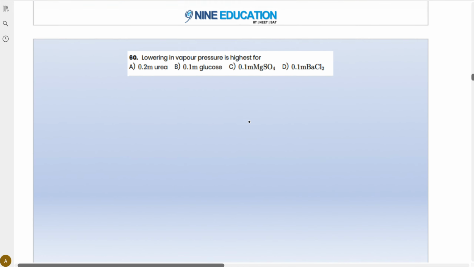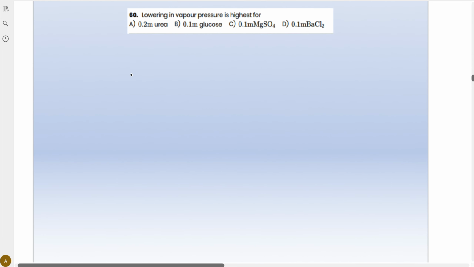Next question, see. Lowering of vapor pressure is highest for which one? Now the relative lowering of vapor pressure, (P0 minus PS) upon P0, is directly proportional to what? Number of moles of solute into van't Hoff factor. Now try to see one by one which one will have the relative lowering highest.